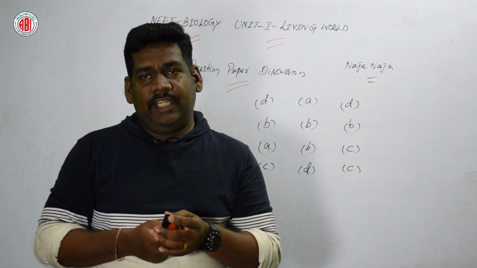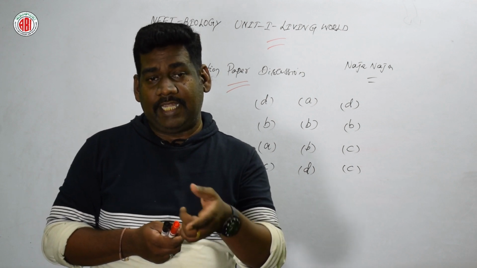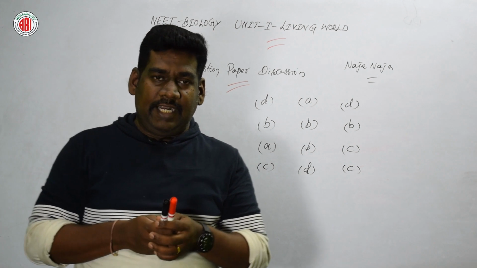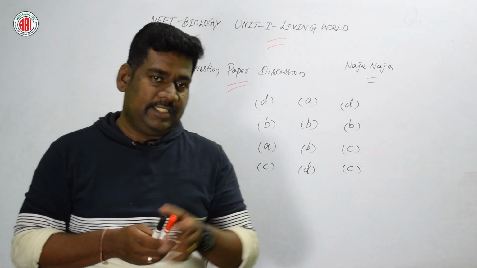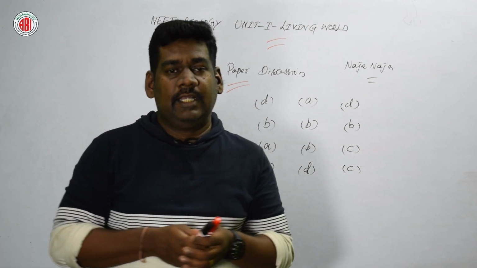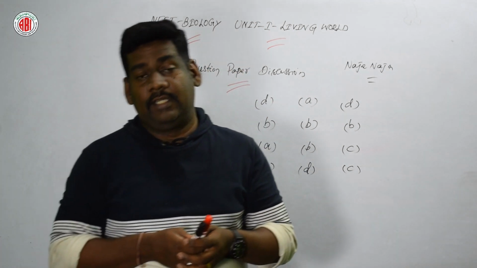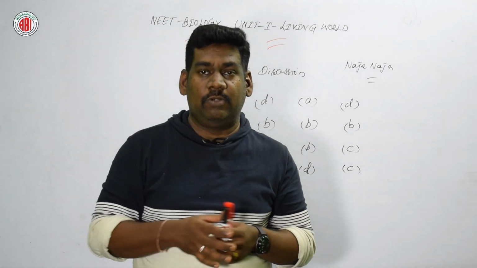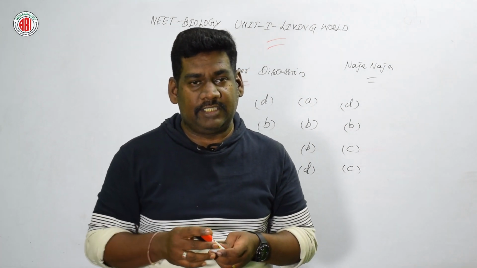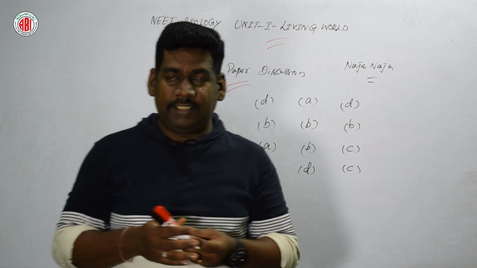And option C, both genus and species the first letter should be in capital, that is wrong. When we write the binomial nomenclature, only the genus name is written with a capital first letter, but the species name is written with a small letter. Then genus is written after the species, this is also wrong.